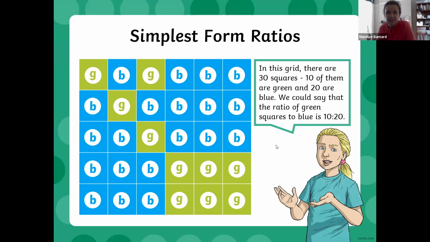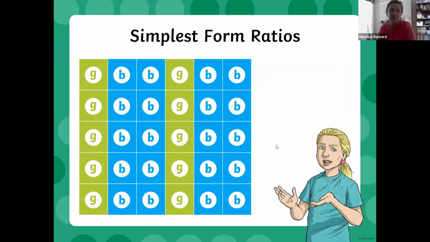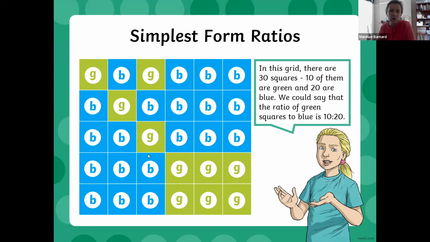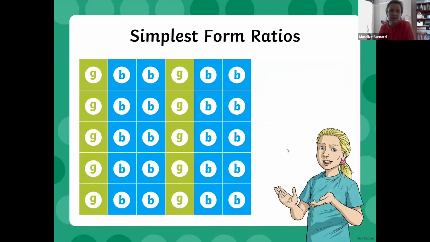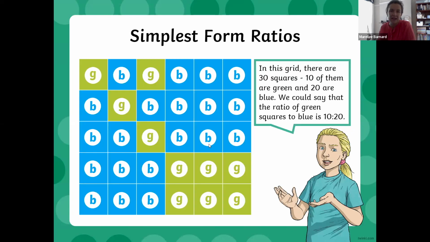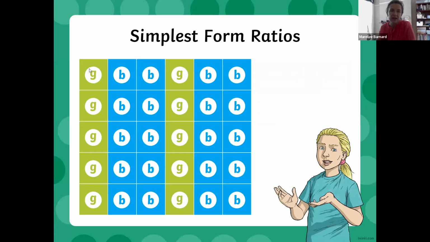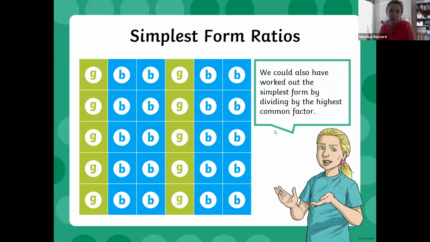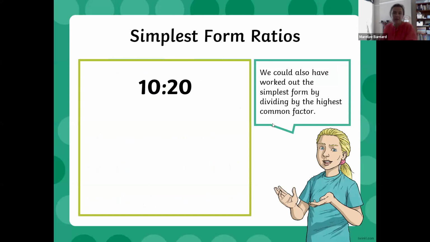Okay, so let's see if we think about it in a different way. We can arrange it. So instead of having it all over like that, let's arrange it like this. It's still the same. We're just rearranging it to make it easier. So that's 5 and that's 5. And so it's 10 green, 20 blue. So to work out the simplest form, we divide by the highest common factor.